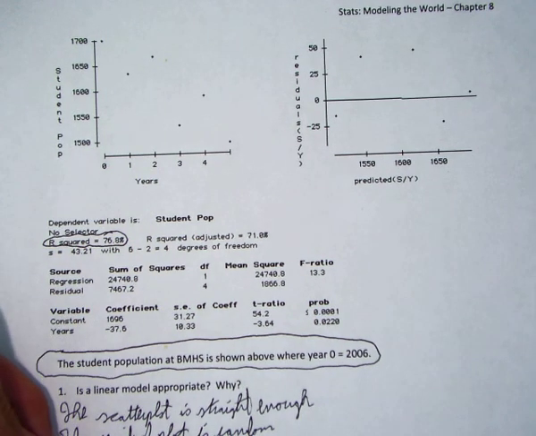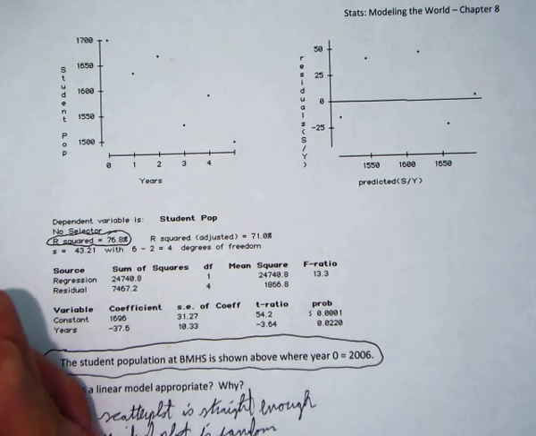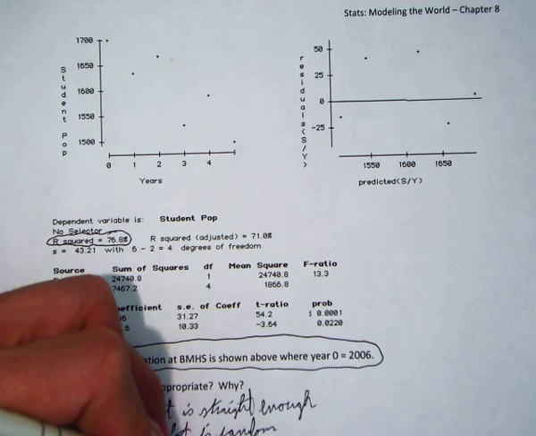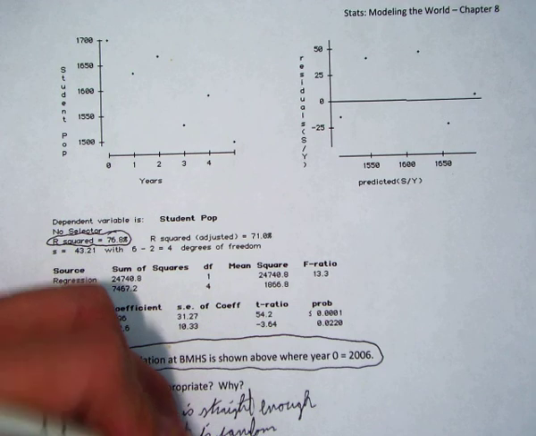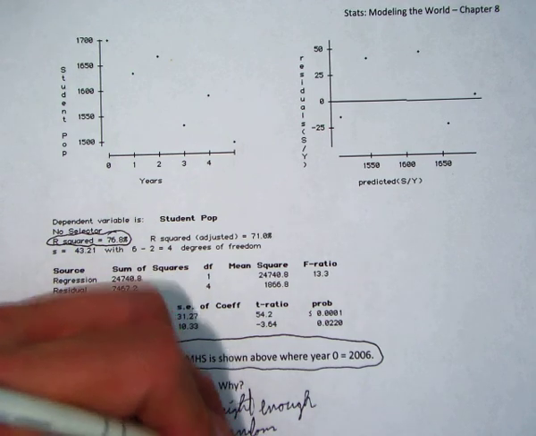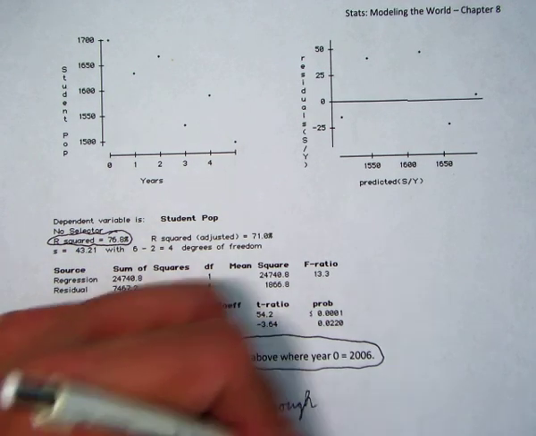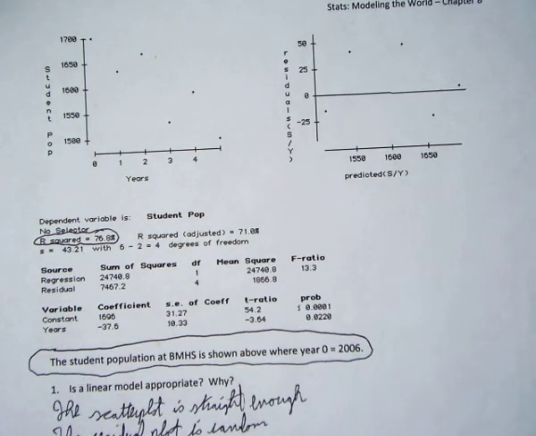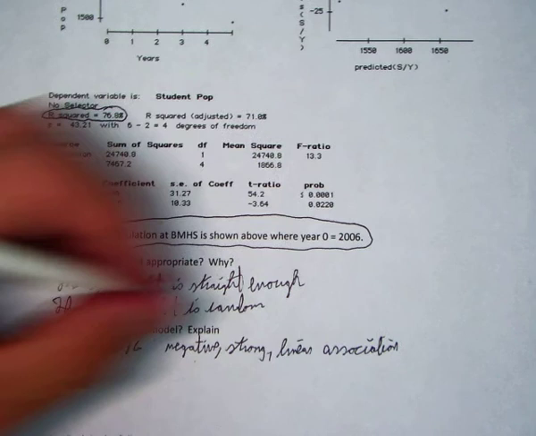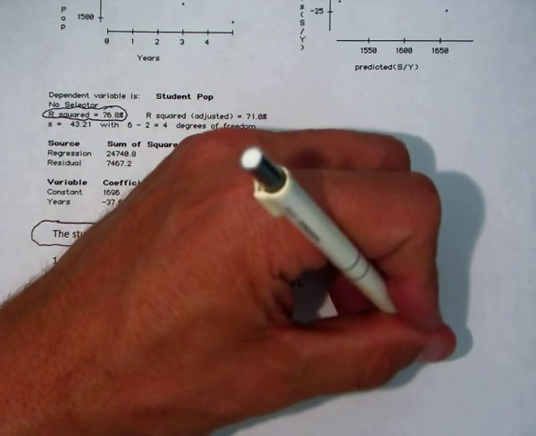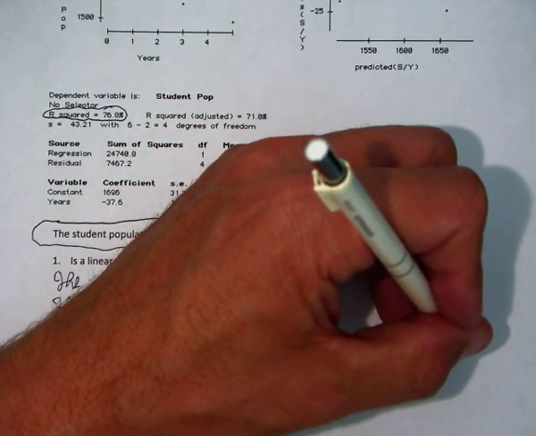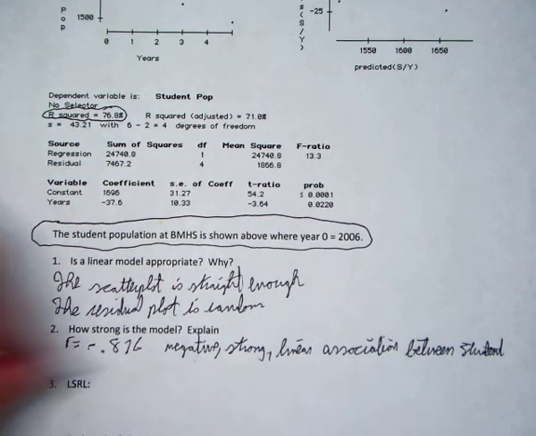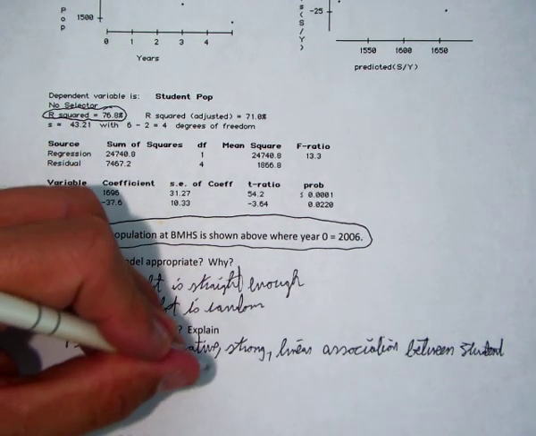So r is negative 0.876, which means that it is a negative strong linear association between student population and time.